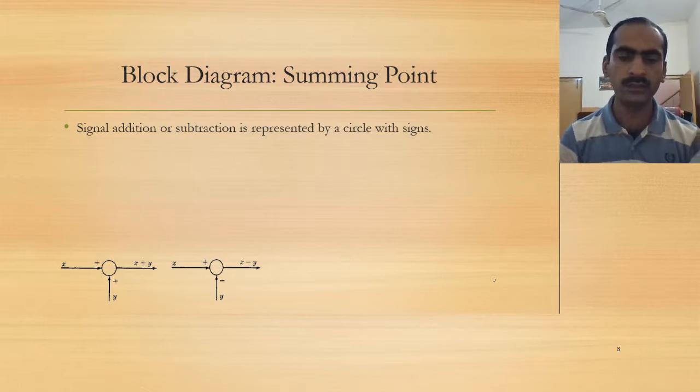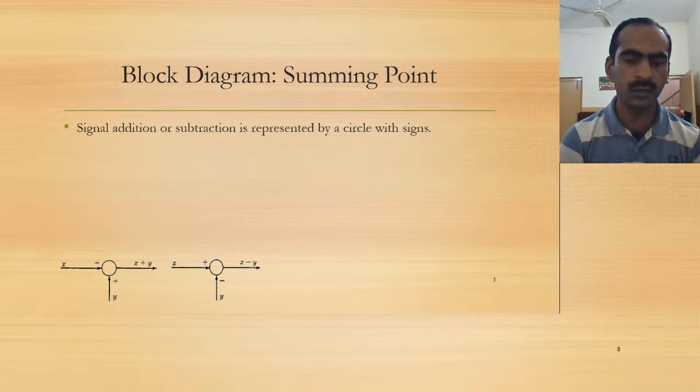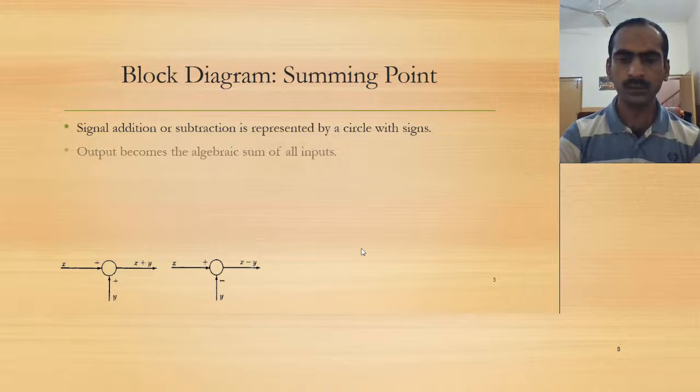In the figure on the left at the bottom of the screen, we have signals x and y coming to a junction. We say it's a summing point, and this is a plus sign.